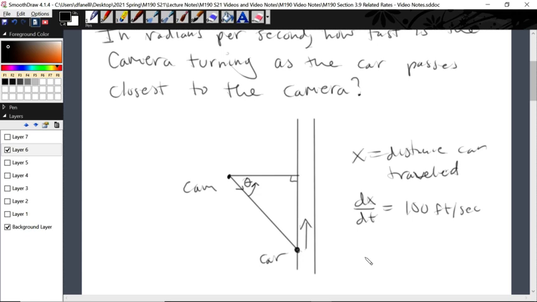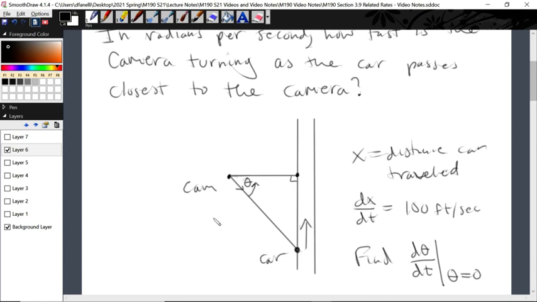What we want to find is d theta/dt, at the instant that the car reaches this point right here, which is when theta is equal to 0.